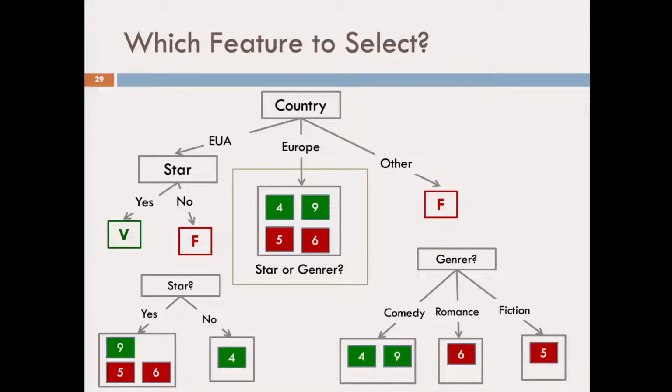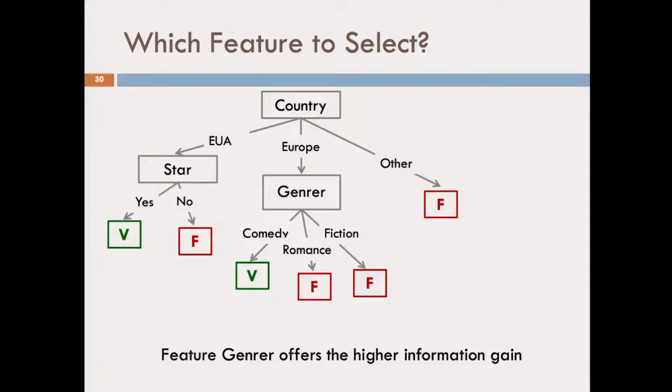If we choose the feature gainer to be put here, the resulting subsets will be these. Which feature gives us the highest information gain? The lowest entropy. Feature gainer, okay? Because it results in more pure subsets. And that's it. So we have our decision tree induced.